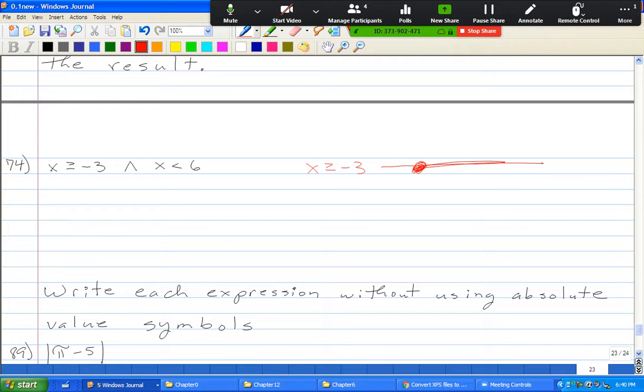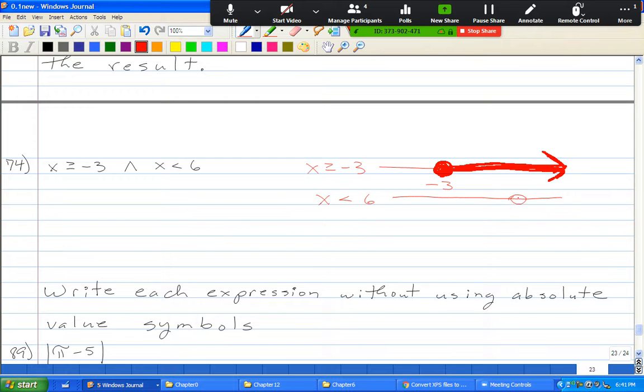So it's greater than or equal to negative 3. And x is less than 6.